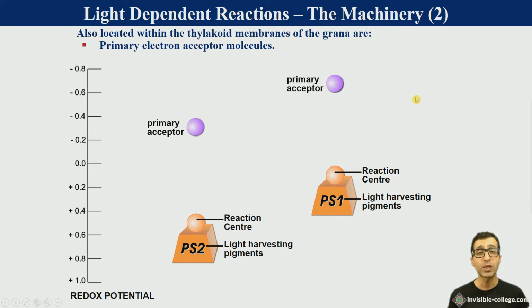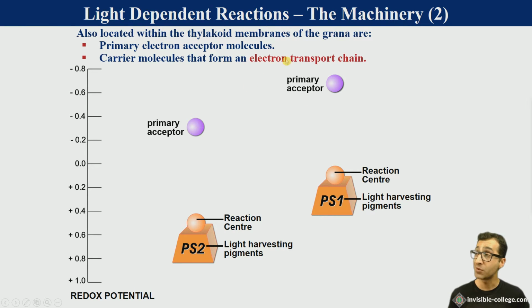We also find what we call carrier molecules, which form part of something referred to as an electron transport chain. Hopefully you'll remember that the concept of an electron transport chain is also relevant and important in respiration as well as photosynthesis. So here is the electron transport chain.